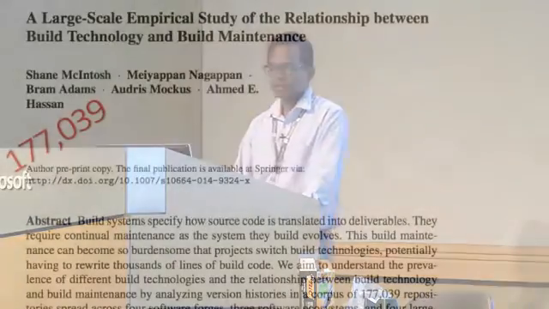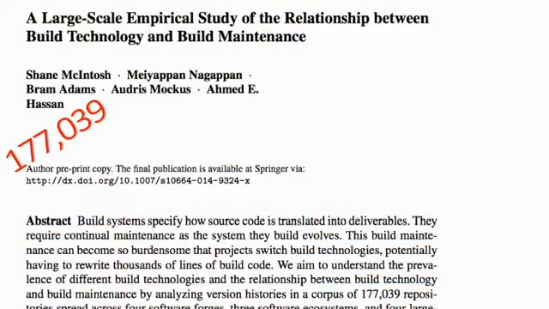And in a study that Shane and Bram and some of my colleagues at Queen's did, we used 170,000 repositories to find out what the relationship was between build maintenance and build technologies. One of the things that we found in this study was that technologies like Make, even though they seem more difficult, had considerably lower maintenance effort than easier technologies like Ant or Maven.